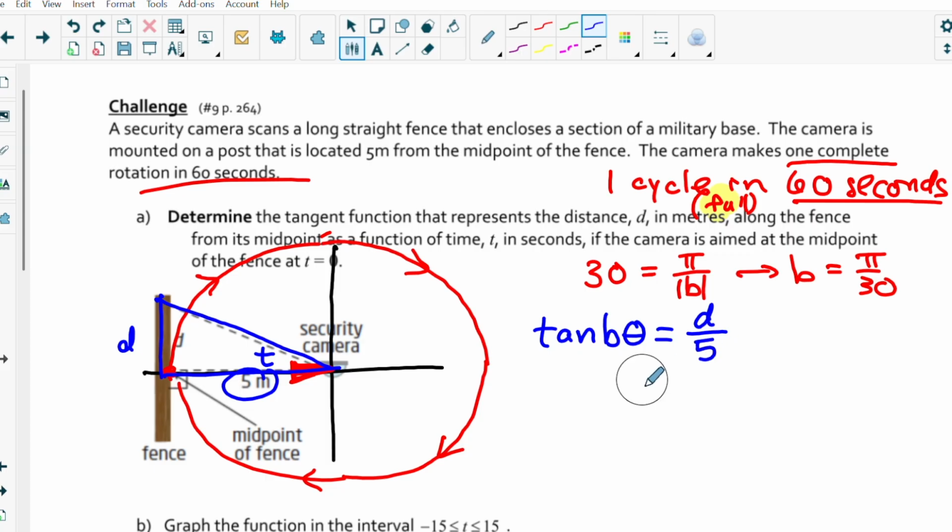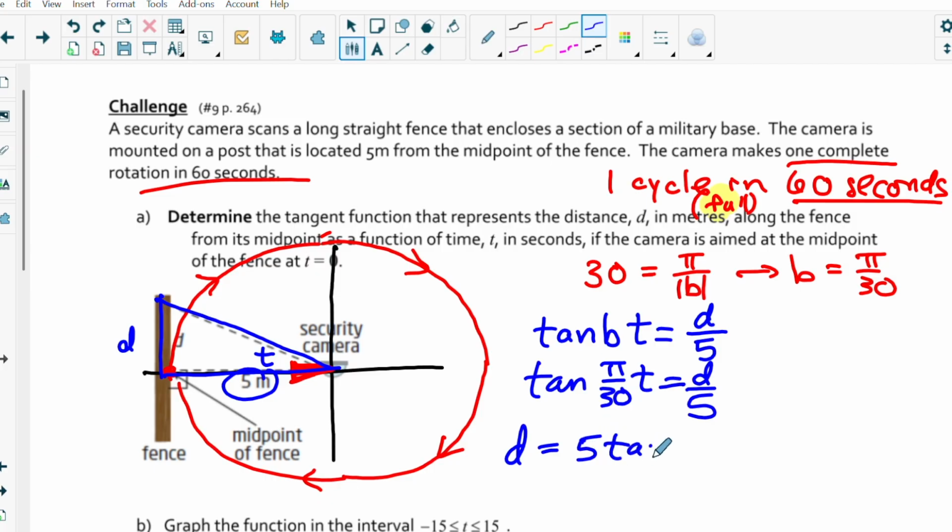But instead of theta, I'm going to use time t. My b value is pi over 30 times time equals d over 5. Let's write it in terms of d, that distance across the fence line. That's d equals 5 tangent of pi over 30 times t.